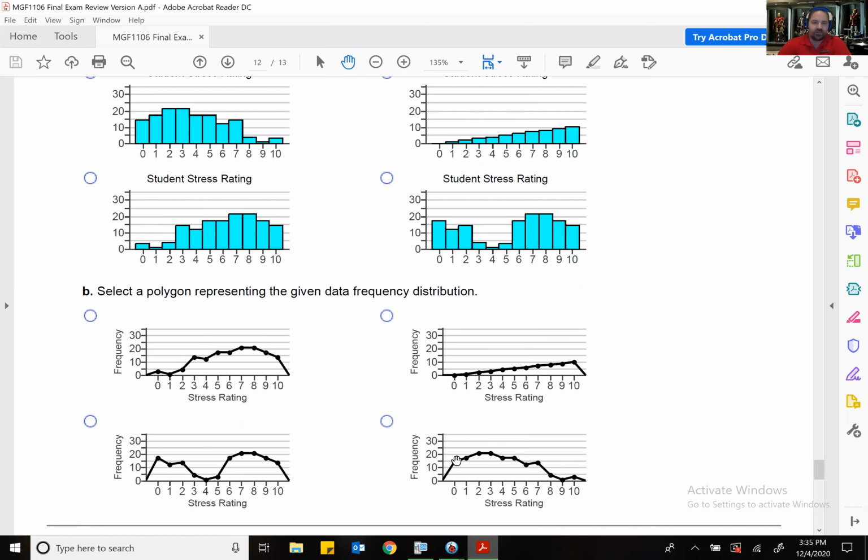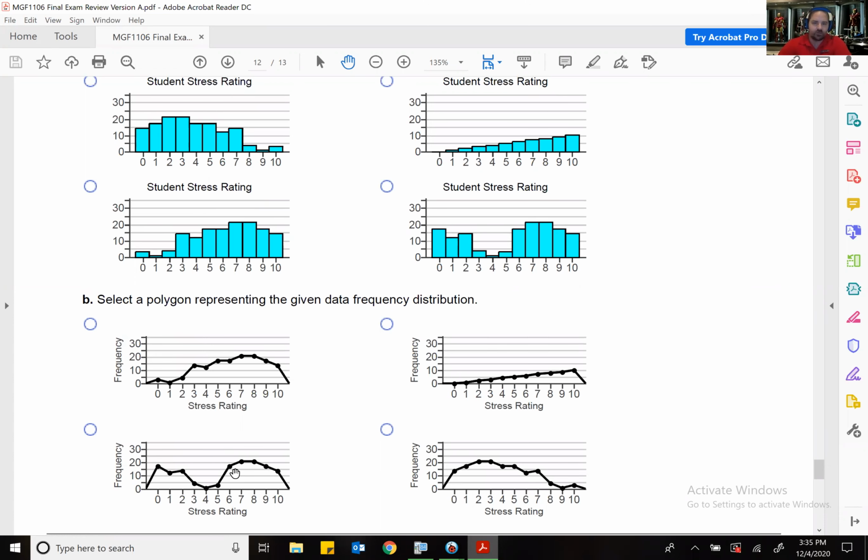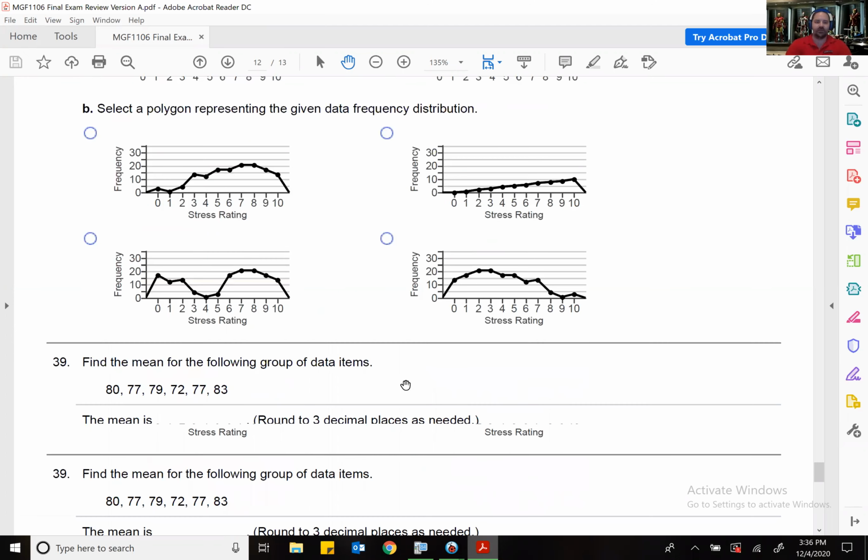And for these two right here, 0 is way too high, above 10, just below 15. These two don't match. So it's that top left. It matches exactly what we need. And there you go. That's it.